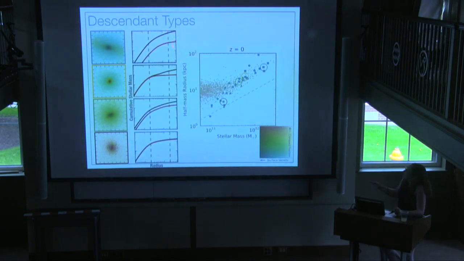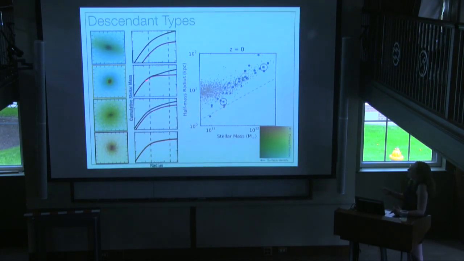So we can classify all of these descendants according to their cumulative stellar mass profiles. If we pick two radii, signifying the core in here and the outer parts out here, we can classify any galaxy by comparing the values of the red and black lines. If these fractions are very small at both radii, we can call this consumed. If they're very high at both radii, we can call it more or less undisturbed. If they're middling at both radii, we can say that it's mixed.